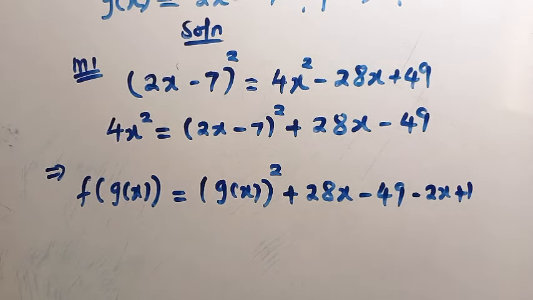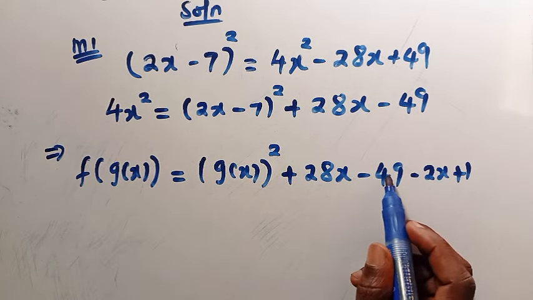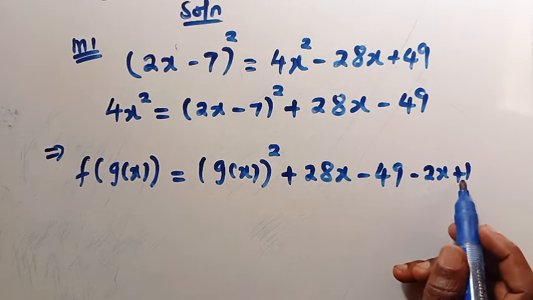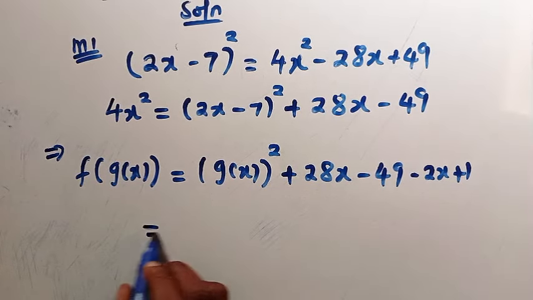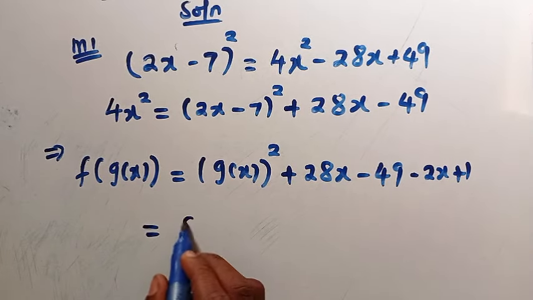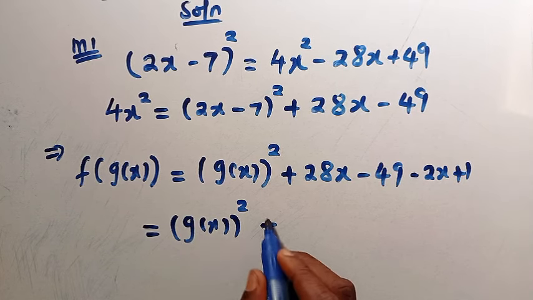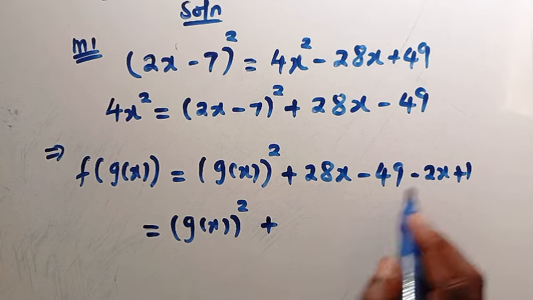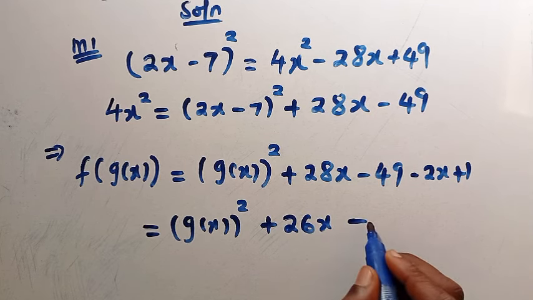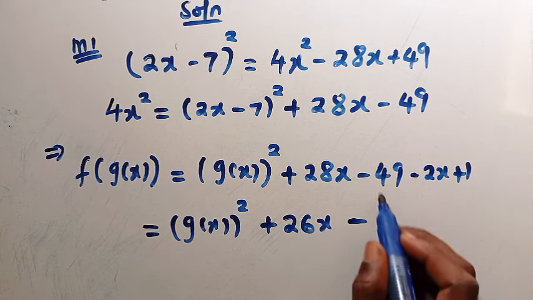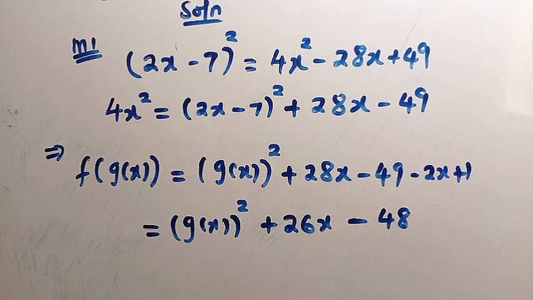Then we want to make 28x minus 49 minus 2x plus 1 have g of x. But before that, let's add this together. We have g of x raised to power 2, plus 28x minus 2x, that gives us 26x, then minus 49 plus 1, that gives us minus 48.